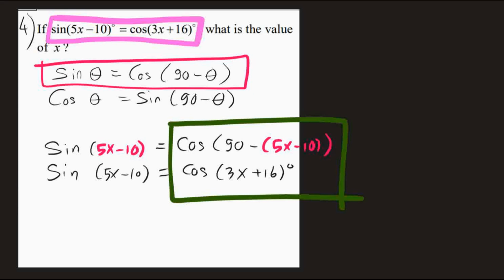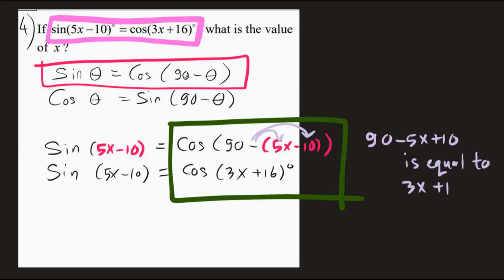It means 90 minus 5x plus 10, expanding the bracket, equals 3x plus 16.